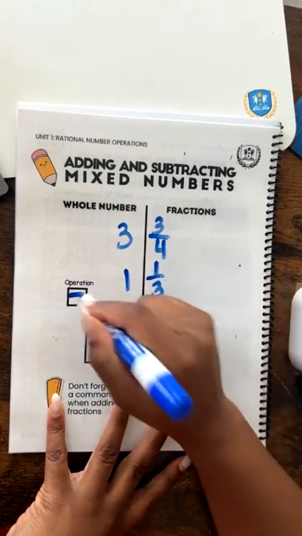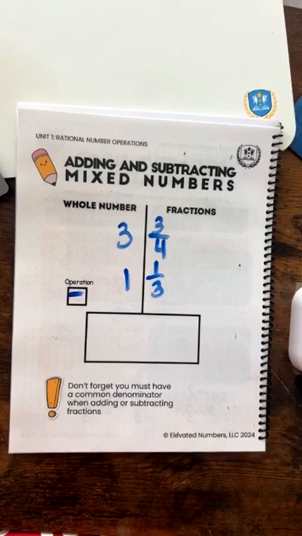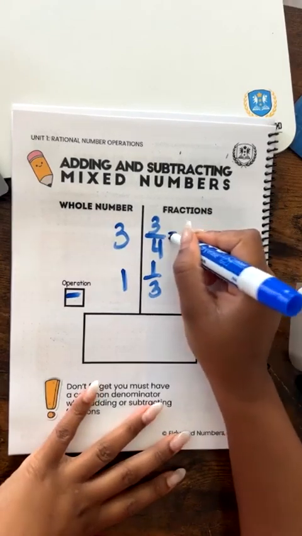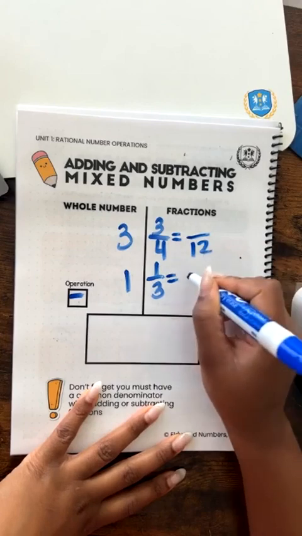Okay. So now we're subtracting. So first of all, when we're subtracting fractions, we also need common denominators. So we're going to do that first. So our common denominator is going to be 12.